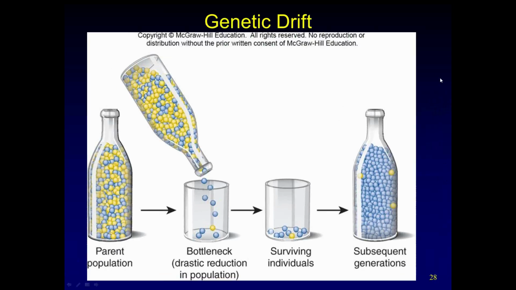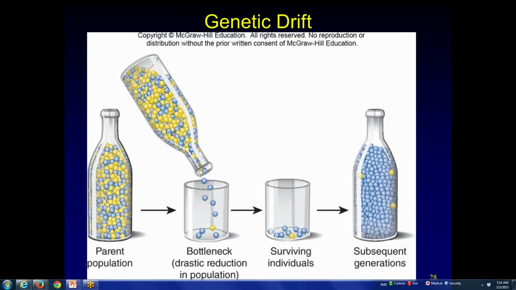Here is a great example of genetic drift. You can see we've got a population represented by beads, and you can see there's the parent population, lots of yellow and blue beads. Just so happens that mostly blue individuals came out. The bottleneck drastically reduces the population, and the only ones that survive are mainly blue, almost no yellow.